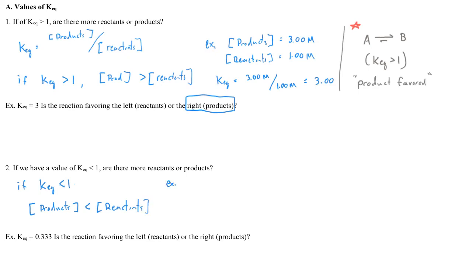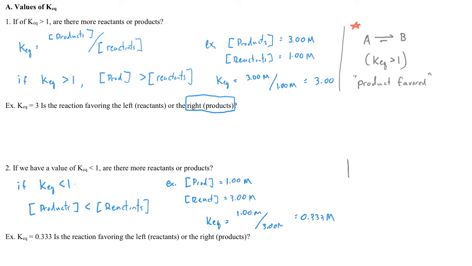For example, we can reverse the situation we have above. Instead of having a concentration of products of 3 molar, let's make it 1 molar, and let's set the concentration of reactants to 3 molar instead. When we calculate KEQ for this, we have 1 molar divided by 3 molar, which gives us 0.333 with 3 significant figures.